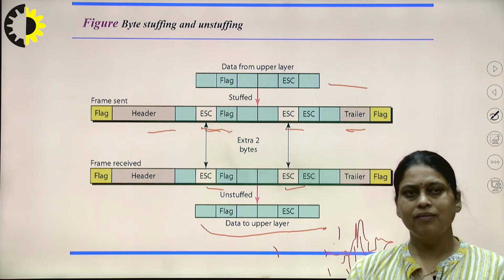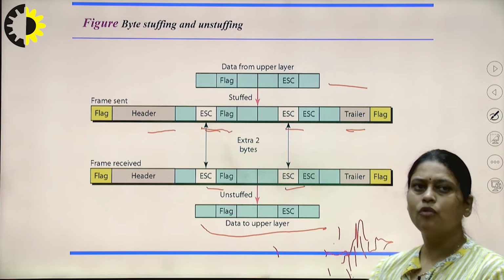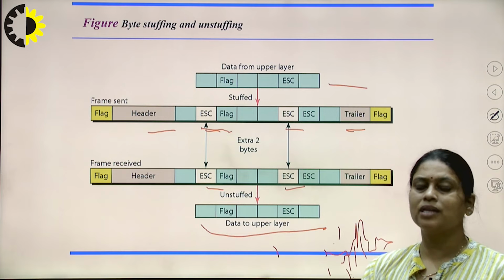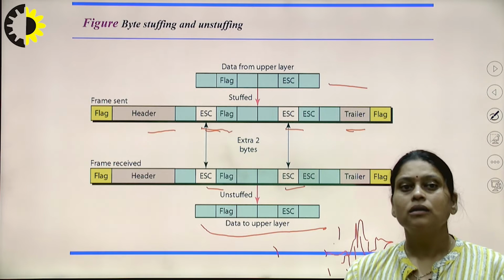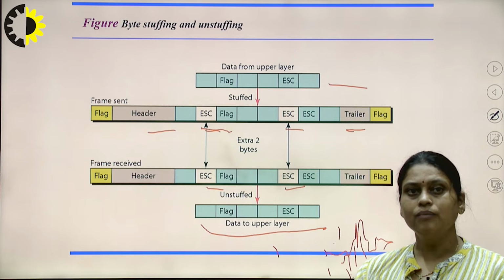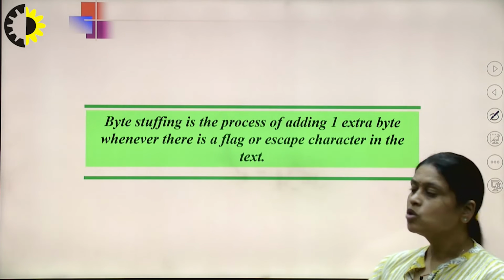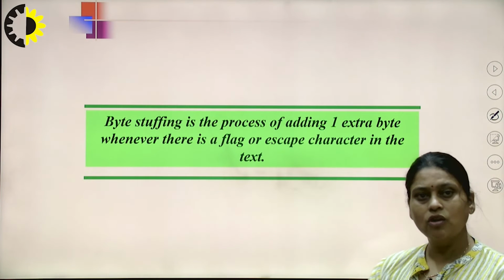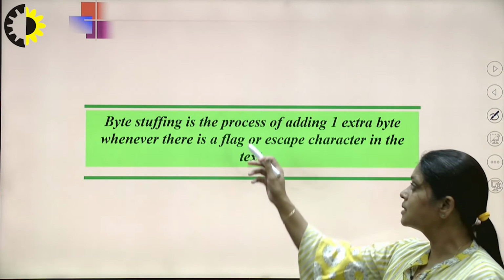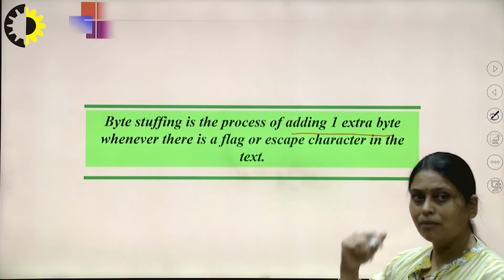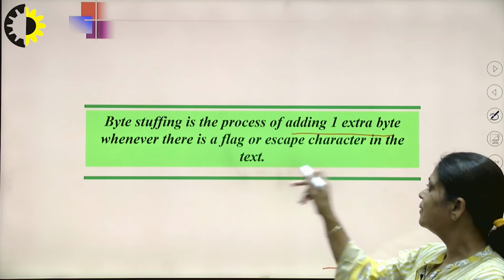So basically when we perform framing, we use some byte stuffing and unstuffing methods so that our frames are correctly sent by the sender and received by the receiver. That's why there is a need of bit or byte stuffing. So what is the definition, or what is the concept, of byte stuffing? Byte stuffing is the process of adding one extra byte whenever there is a flag or escape character in the text.